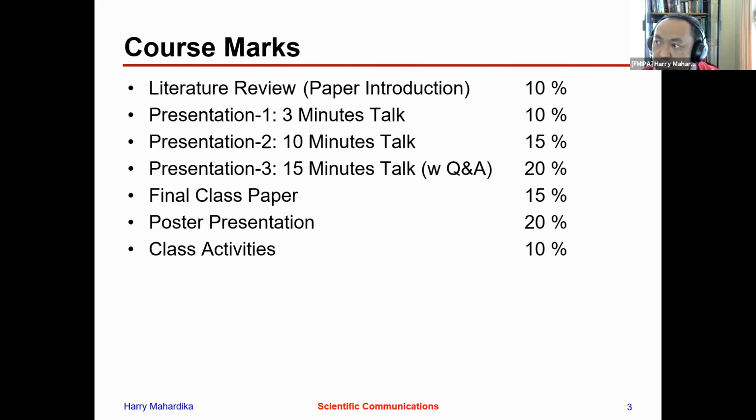Each student will have 15 minutes to give their presentation, and we need to allocate some time in our lecture sessions for you to have equal opportunity and equal amount of time to give your talk.